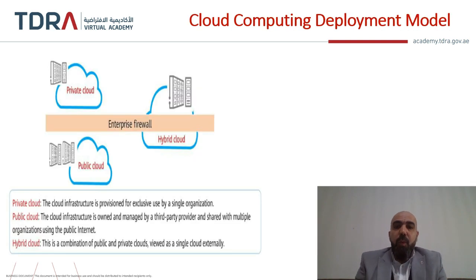So what are the cloud computing deployment models? How can we deploy our cloud? We have three main types. Public cloud is completely the cloud infrastructure that we were explaining a while ago. Private cloud is your own organization, where inside your organization you build your data centers and your cloud.